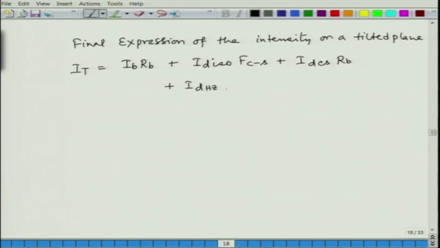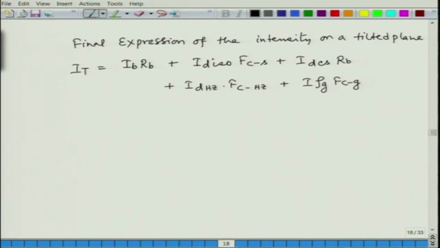So, IDHZ, which is horizon brightening diffuse radiation, and the view factor was from the collector to the horizon area, plus I into rho g into FCG.